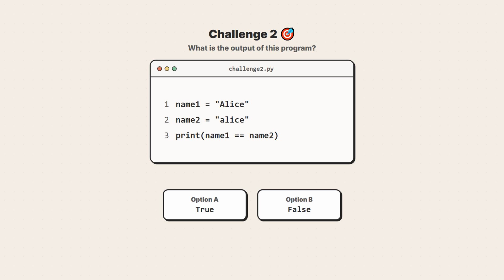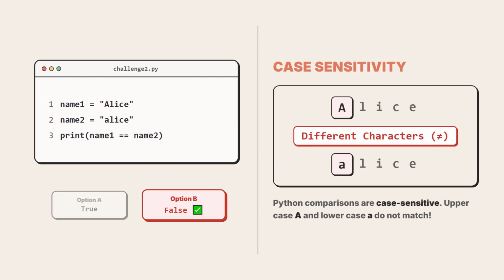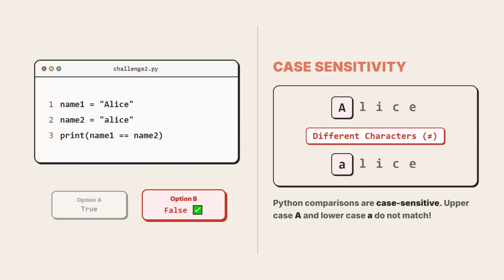Take a moment to decide. Ready? The answer is option B, false. In Python, string comparison is case-sensitive. Computers treat uppercase and lowercase letters as different characters. So uppercase A and lowercase a make these strings different.